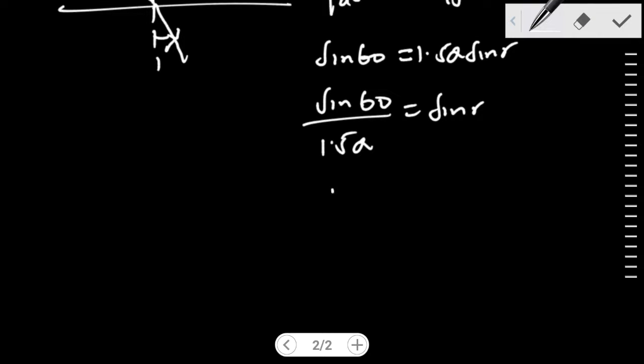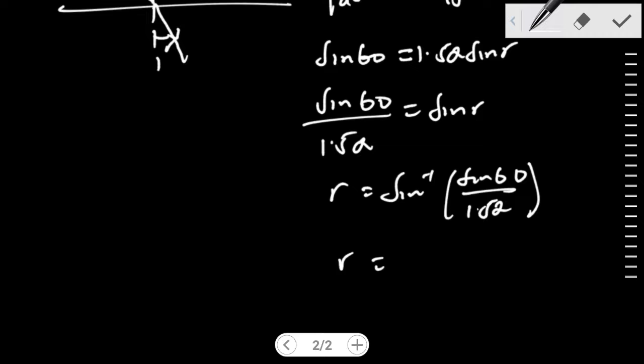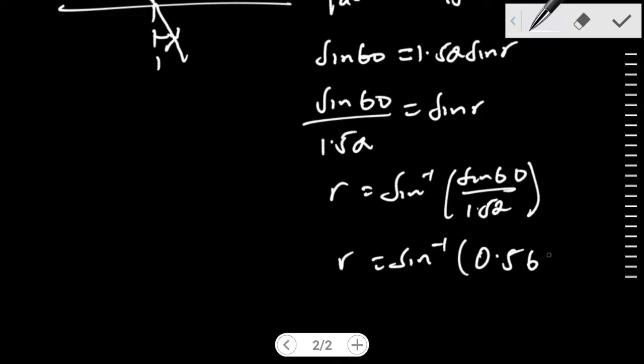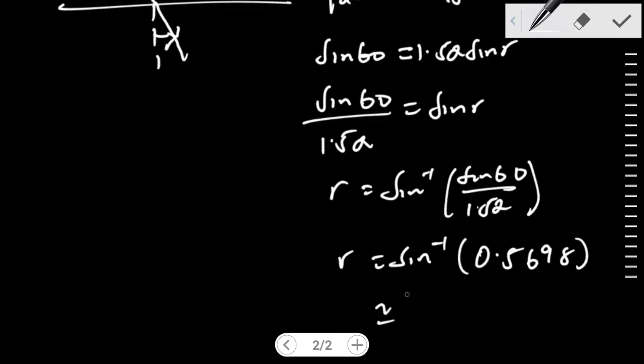Hence R equals sine inverse of sine of 60 divided by 1.52, which is sine inverse of 0.5698, which equals 34.7 degrees.